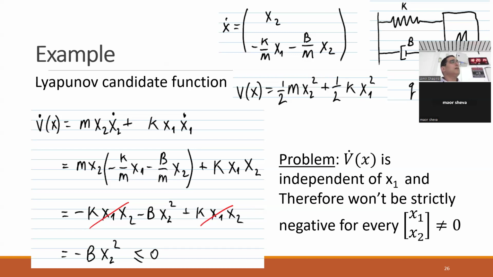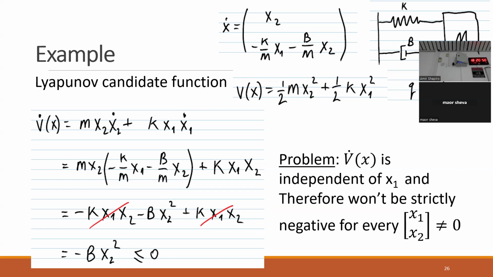Now we can check if this equilibrium is stable or not. So we have the dynamical system, we have the Lyapunov function, and now we need to take the derivative of the Lyapunov function along trajectories of the dynamical system. So it means that we do dv over dx times x dot.